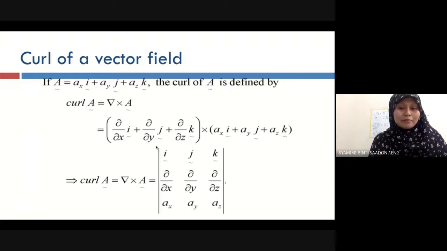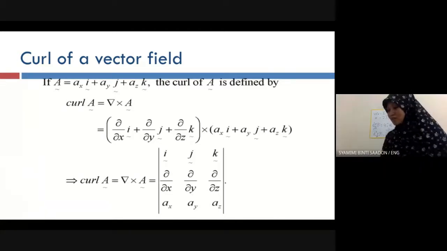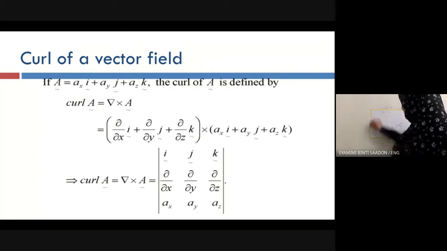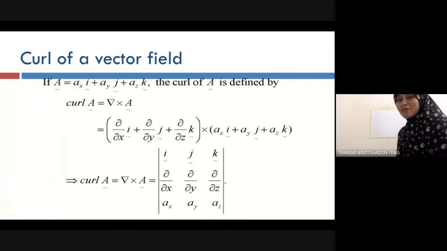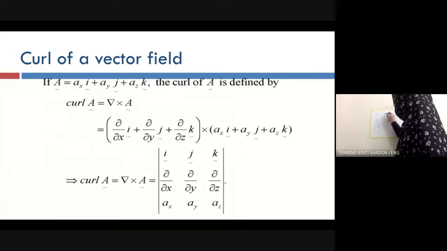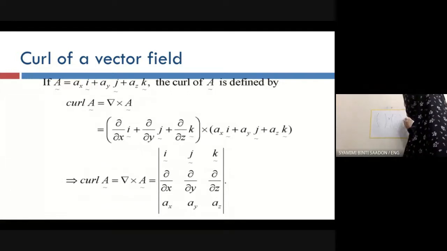So we have this partial derivative, cross product with vector A. So how do we do this? I hope you remember how to do the cross product, but for me, I write it this way. Maybe you have other different ways. I prefer to write it like this.